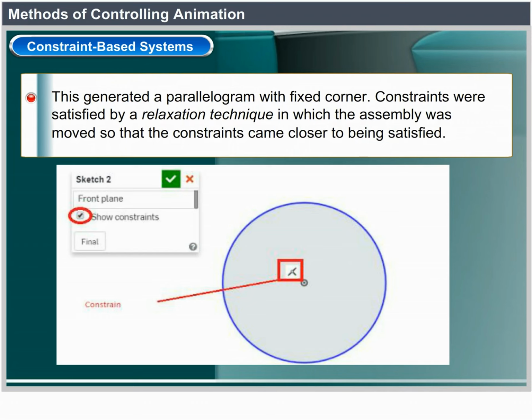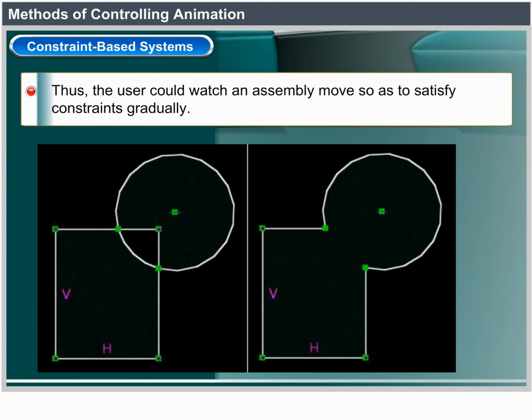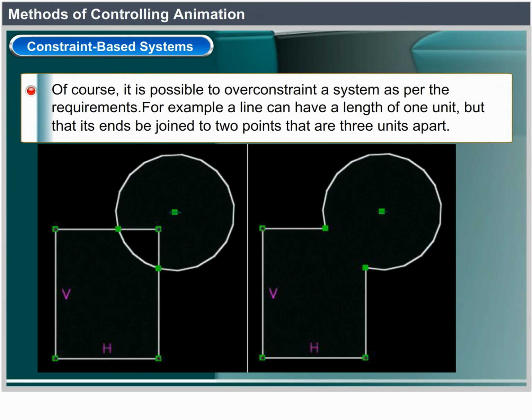Constraints were satisfied by a relaxation technique in which the assembly was moved so that the constraints came closer to being satisfied. Thus, the user could watch an assembly move so as to satisfy constraints gradually. Of course, it is possible to over-constrain a system by requiring, for example, that a line have a length of 1 unit, but that its ends be joined to 2 points that are 3 units apart.